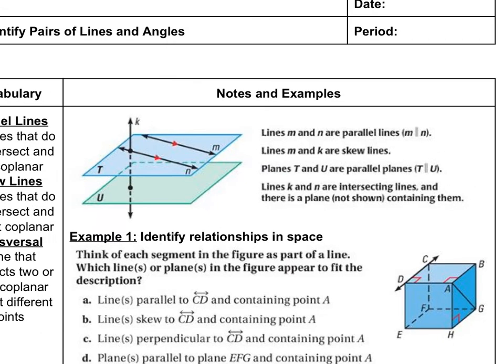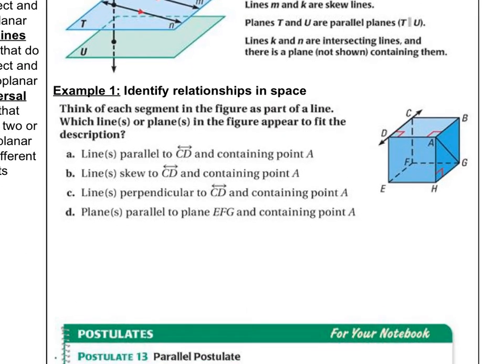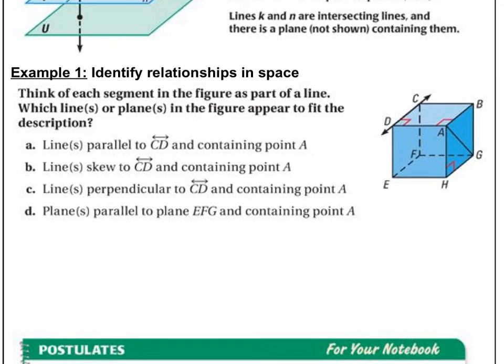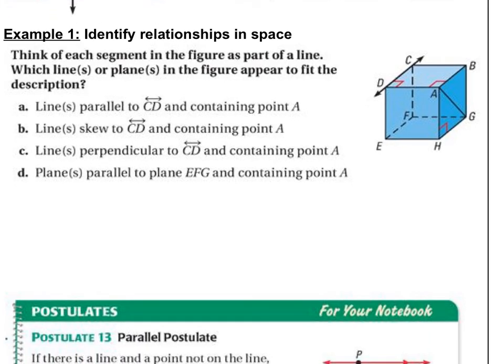Okay, so let's start off with an easy one. Let's take a look at a picture, and let's try to identify different parts with our vocabulary words. We want to look for lines that are parallel to line CD and contain the point A. So they have to be on the same plane, and they have to never intersect.